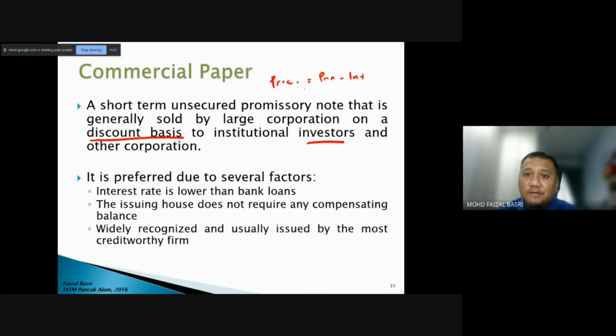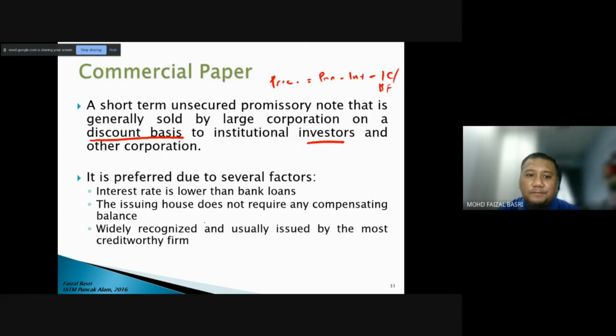So even though we don't borrow from the bank directly, the bank here becomes the intermediary, and therefore we still need to pay the bank as well. In this case, we have what we call issuance cost. We have to pay some brokerage fee to the broker, or to the bank. So that's why in proceeds you have to minus the issuance cost, IC, or sometimes we use the term brokerage fee, BF.